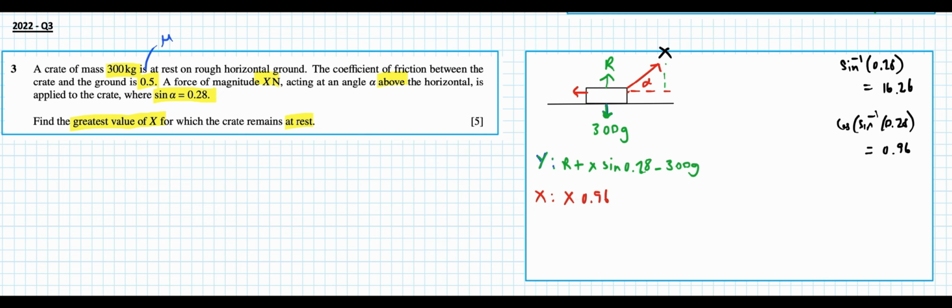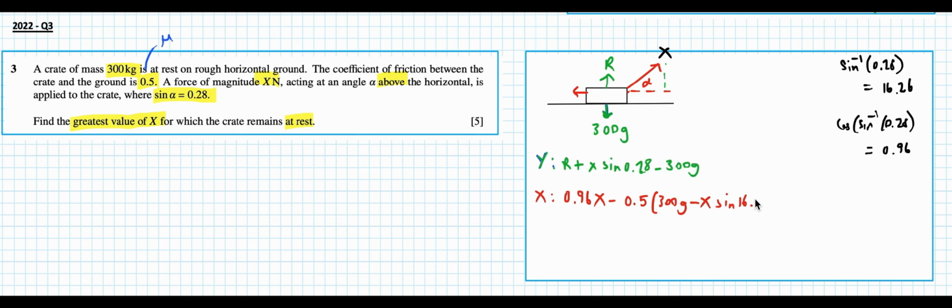You can put in the sine 0.28, or you can put in the 16.26. You can check these things as well, just to clarify it for yourself. 0.96X, so minus 0.5 is mu, or R, and we were given R, or you can just rearrange what you had up on the first equation to find R.